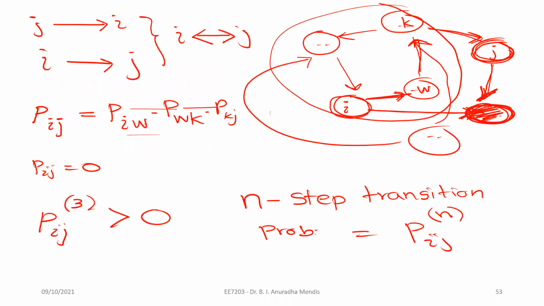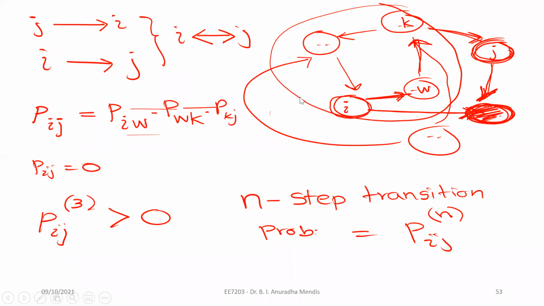Now let's say we have this type of Markov chain. There are a lot of states, so we have to identify a set of states which communicate with each other. If we find that kind of set, we say that set is a communicatable class. Maybe you can find 2 or 3 classes, more than 1 class.